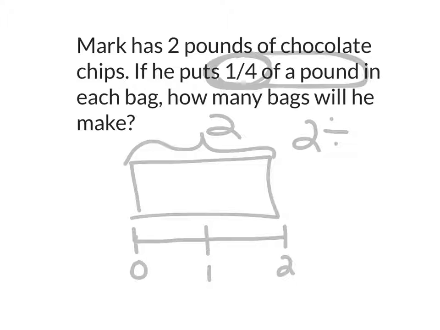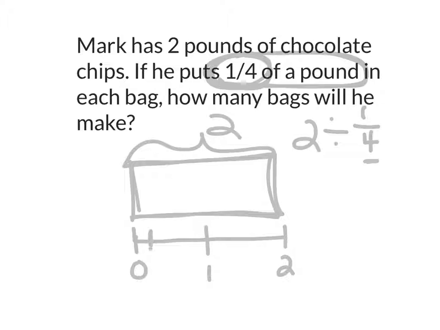Halfway between is a 1. But here now, we want to break this up into 1/4 of a pound. So we need to know how many fourths or how many quarters are in our whole of 2 pounds of chocolate chips. So if we look between 0 and 1, there's going to be 4 quarters.